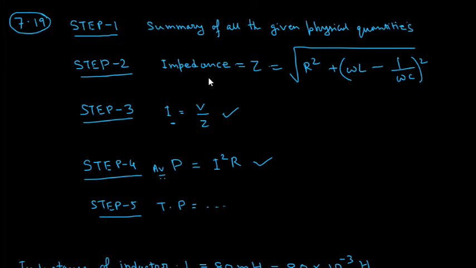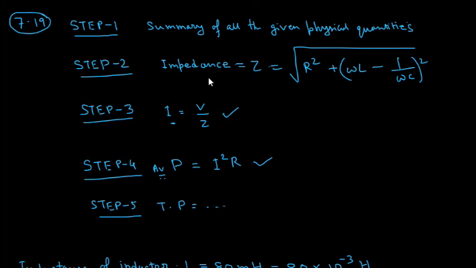First step, summary of all the physical quantities given in the problem sum. We'll write those. Step 2, we'll find the value of impedance. The formula is Z is equal to under root R square plus (omega L minus 1 upon omega C) whole square. Step 3, we'll find the value of I, the current in the circuit, by putting I is equal to V upon Z. Step 4, average power, I square R. Step 5, total power.